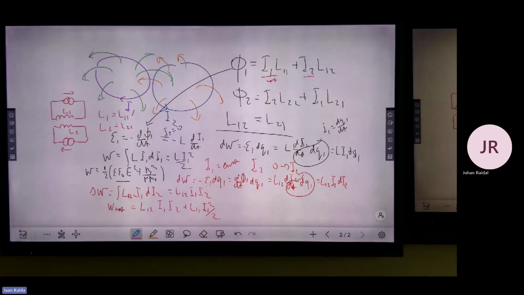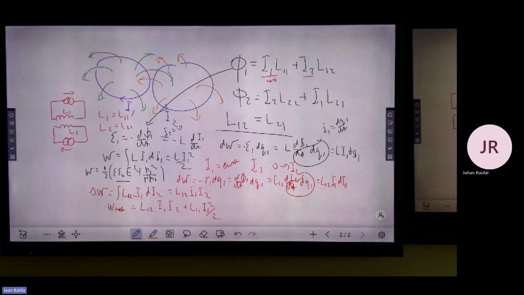Because we have mutual inductance, while we increase in the second loop the current, there will be flux change through the first loop, which means that there will be a certain voltage in the second loop, which means that to maintain the current constant, we need to apply a certain voltage. But because current is flowing, maintaining voltage requires work. And that's what we calculate.